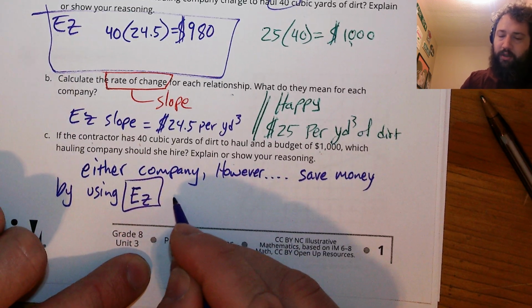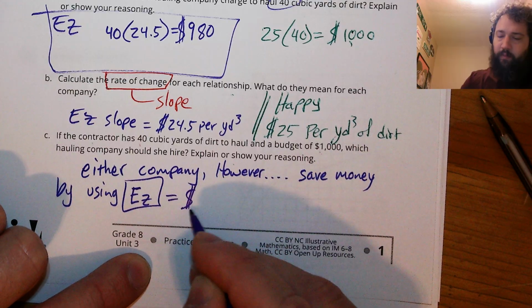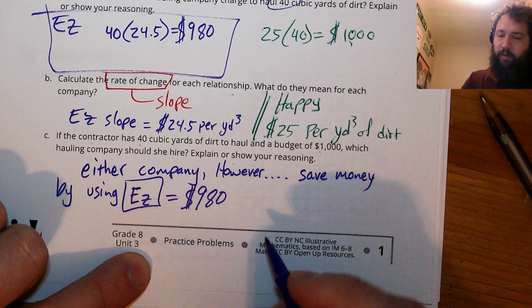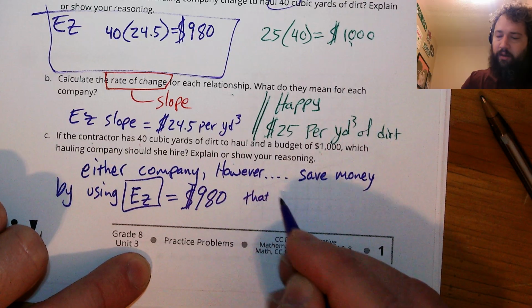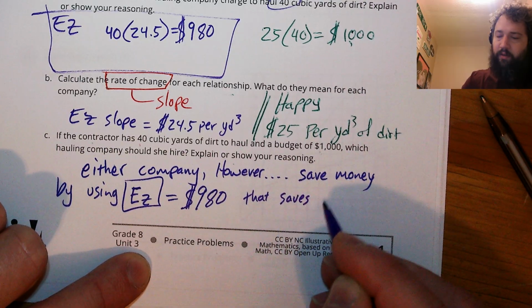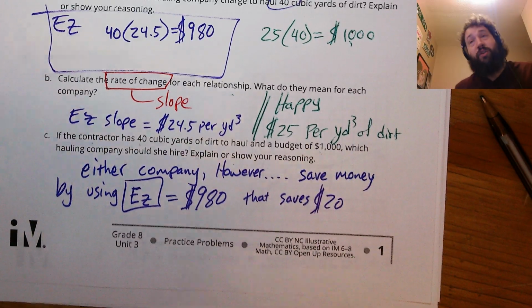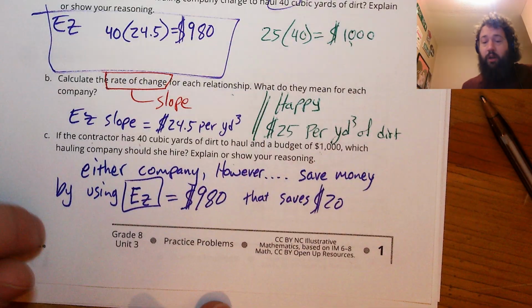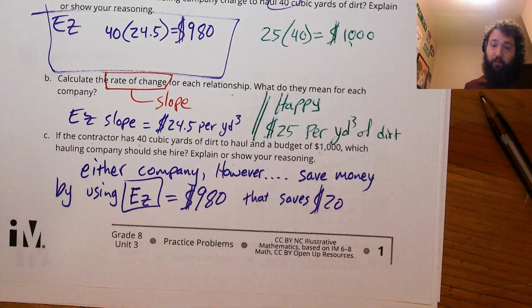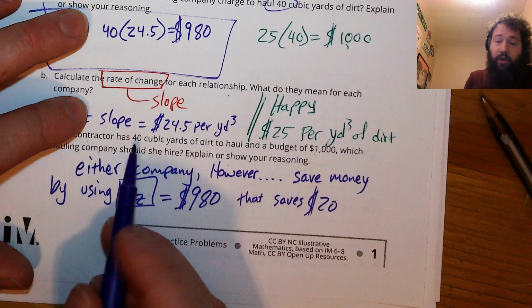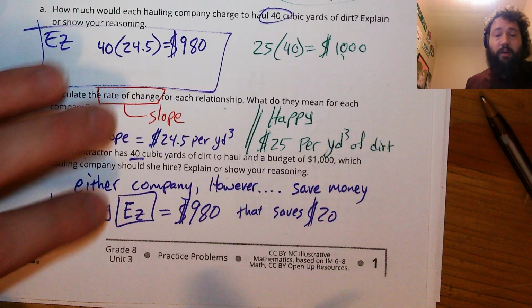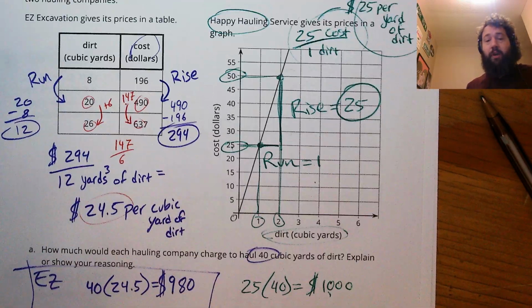Easy charges $980. That saves 20 bucks. And that 20 bucks you could tip your teacher. You still get to move your 40 cubic yards of dirt and you have $20 to tip your teacher. That sounds like a lovely situation to me.